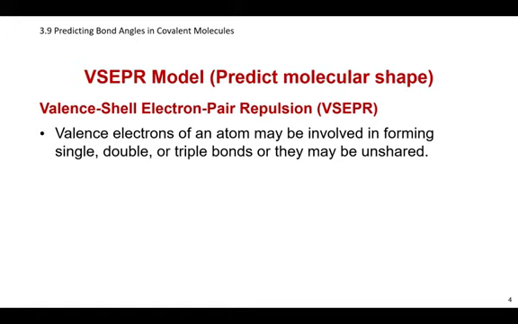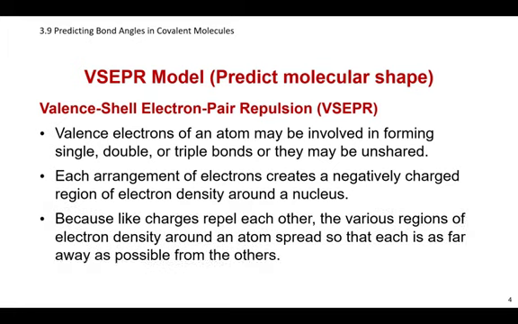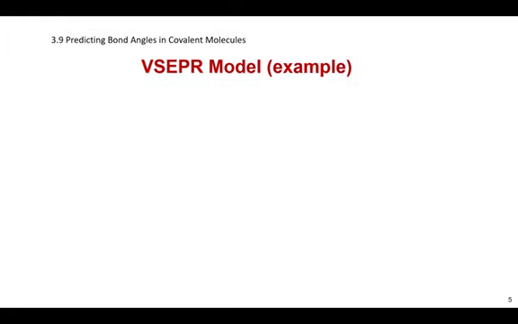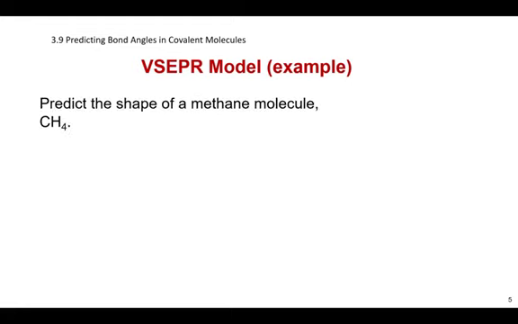For example, if you take the water molecule, there are two lone pairs in the Lewis structure. The four electron pairs repel each other in the central atom. The central atom makes the molecular shape.